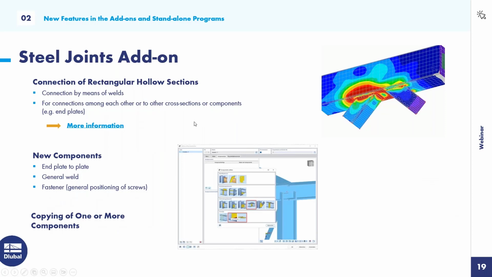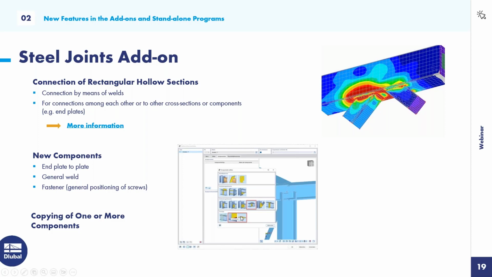Then new in the steel joints add-on is the connection of rectangular hollow sections. You can see that on the right side. And they are connected via welds. Then there are new components: end plate to plate, the general weld, and the fastener.